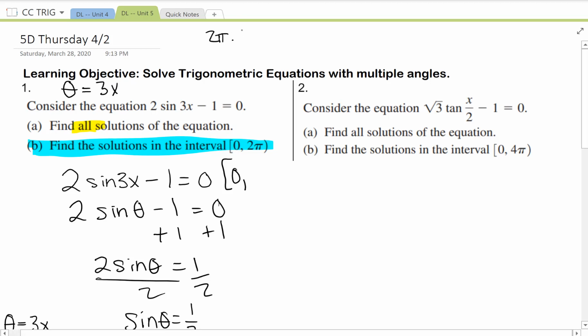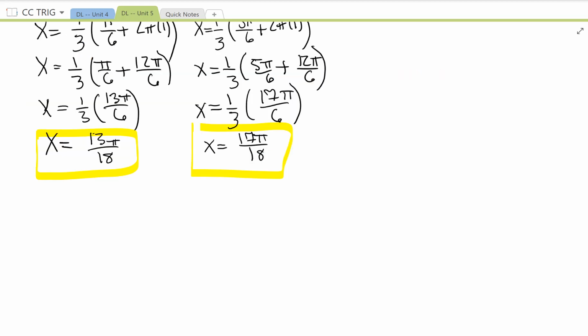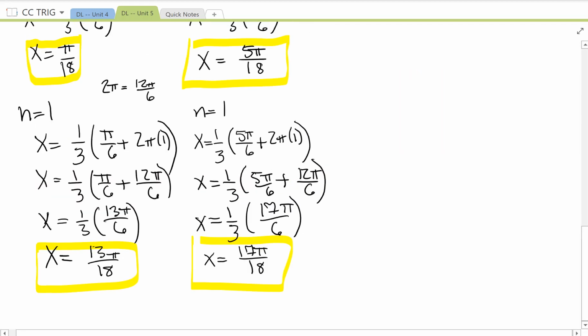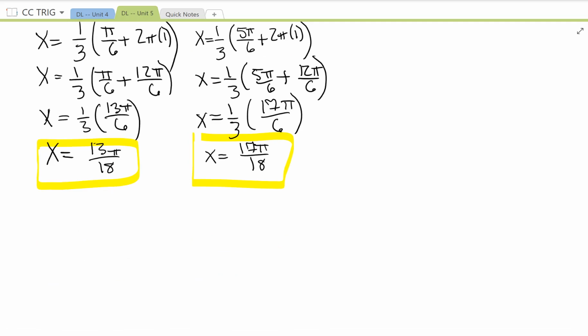I'm going to times this by 18 over 18 to see what that is equivalent to. 36 pi over 18 is equal to 2 pi. So I cannot get 36 pi over 18 as an answer because it's not included. See, this parenthesis means not included. So 36 pi over 18 or anything above it is not allowed. I have to keep going until I find angles that are outside the restrictions, and then we're done.